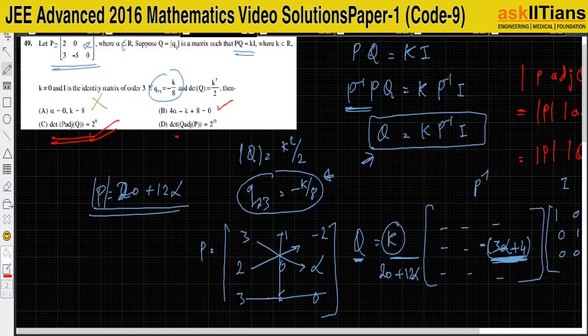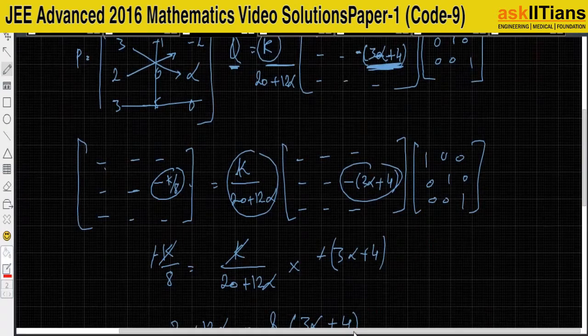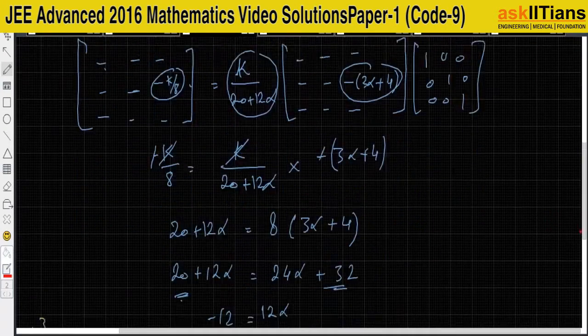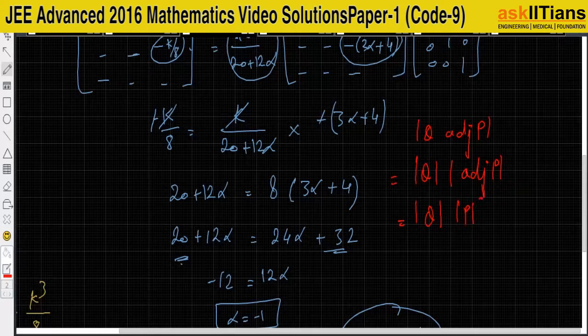You can also find out determinant of Q into adjoint P similarly, right? So I'll solve it here. Determinant of Q into adjoint of P, same way this will be determinant of Q into determinant of adjoint P, and this will be determinant of Q, determinant of P square.